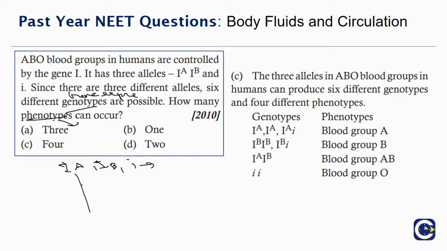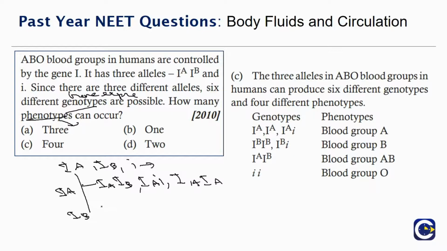With IA, we'll have IA, IB, IA, I, and with IA itself we have IA, and we'll take IB here. This is for IA. We'll match IB with IA.